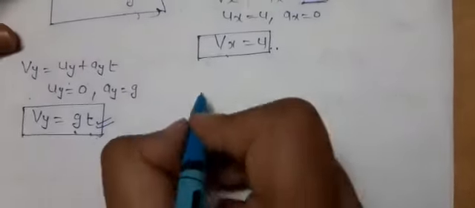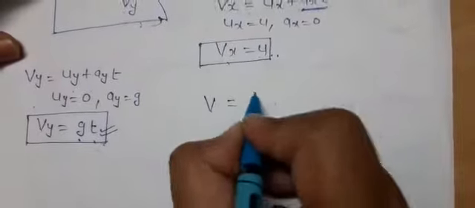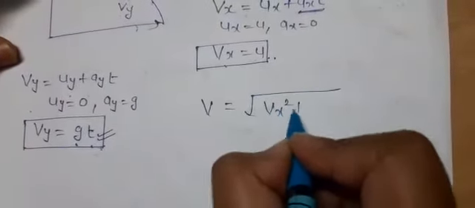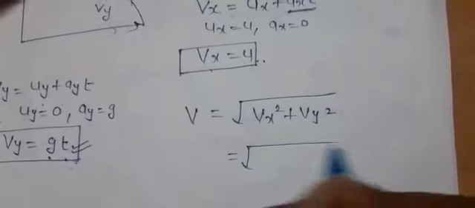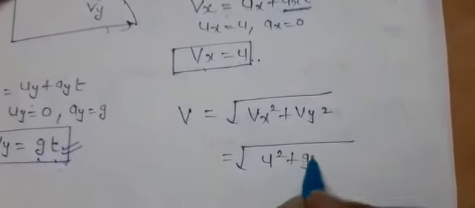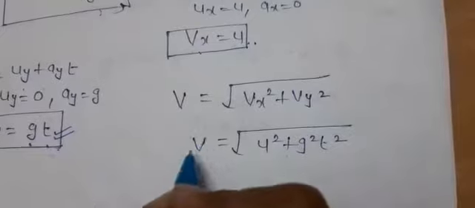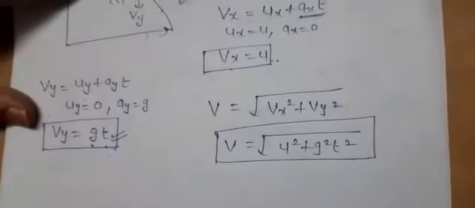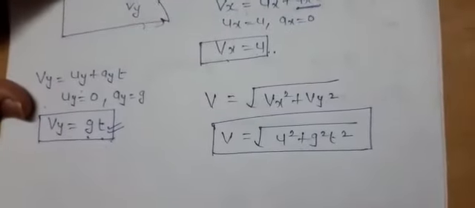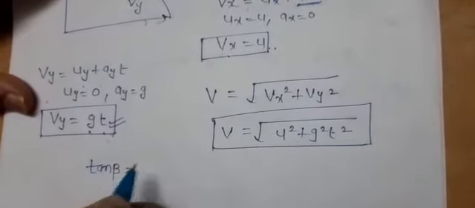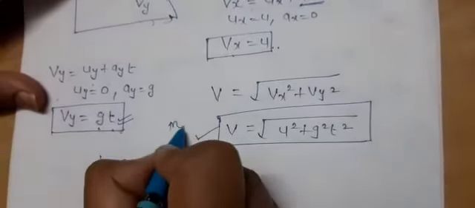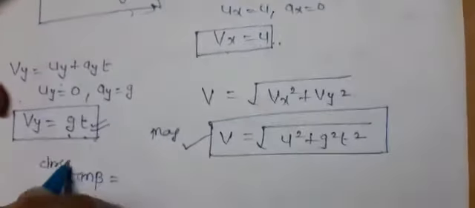So what is the velocity? Actually we are taking the magnitude of velocity, or speed. It will be under root of u square plus g square t square. This is the magnitude. Now what will be the direction? Whenever we take velocity, we have to calculate magnitude as well as direction.